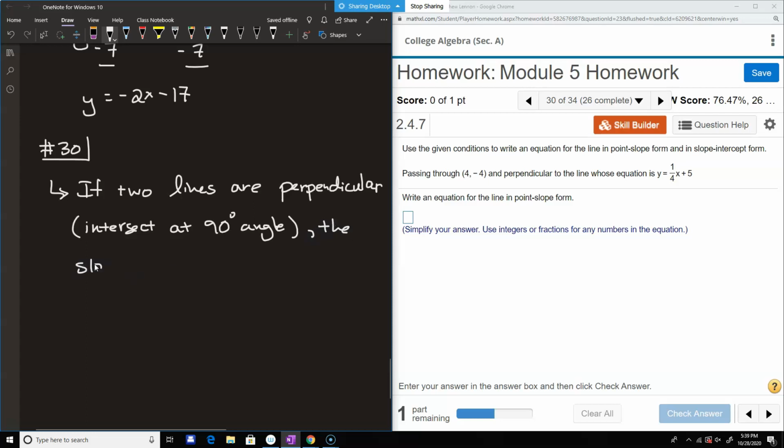The slopes of their lines. Okay, so what is the relationship between the slopes of the lines? Anybody know? So they're reciprocals, but one other thing? Opposite signs. So they're opposite reciprocals is what they say. So if one is positive, the other will be negative, and then you'll also flip it over, take the reciprocal as a fraction. So I'll say the slopes of their lines are opposite reciprocals.